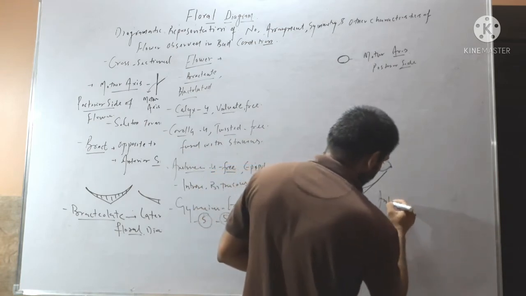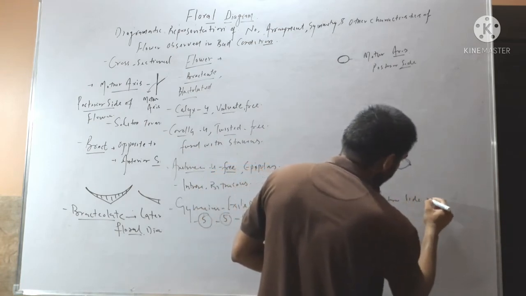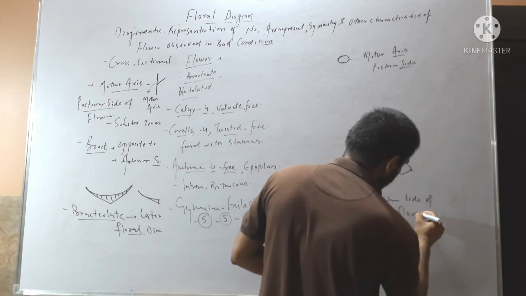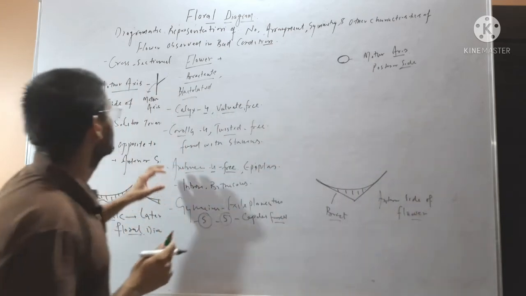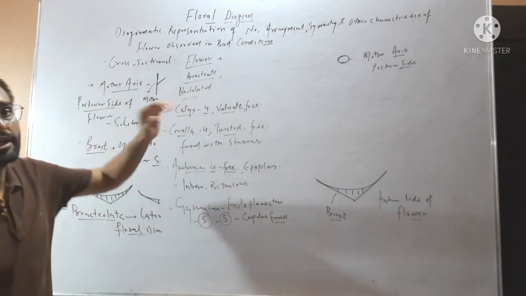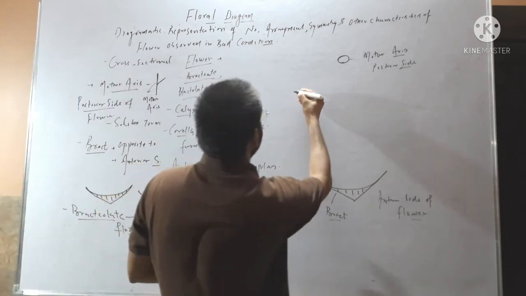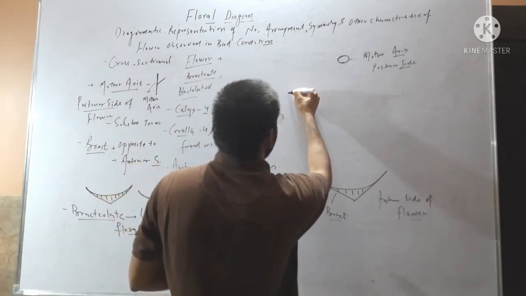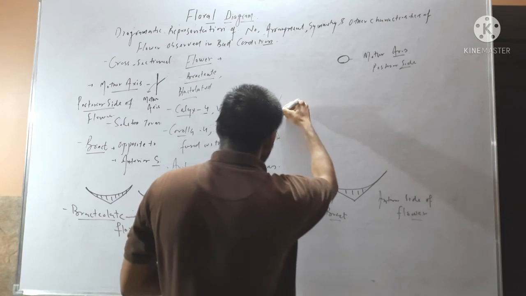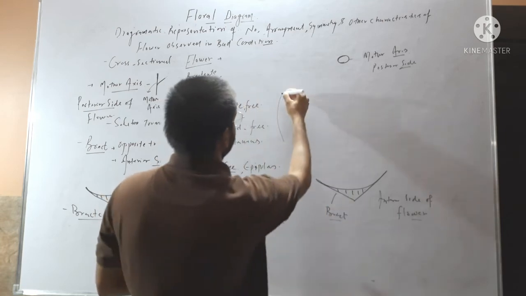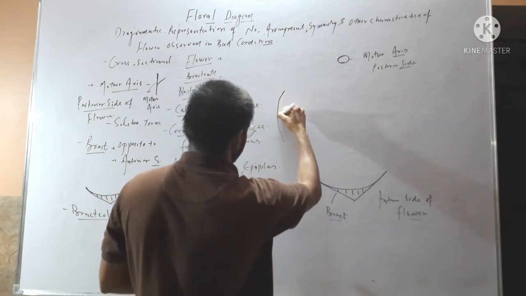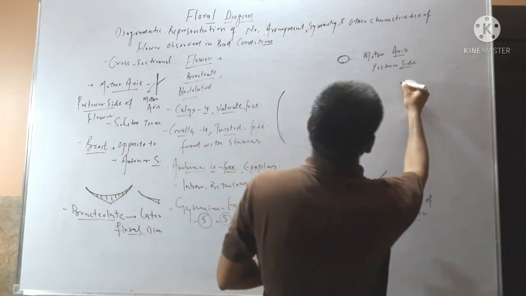So it will be the anterior side of the flower. Next, 2 bracteoles are there. If 2 bracteoles are there, then we will draw arcs on the lateral sides of the floral diagram, like this.